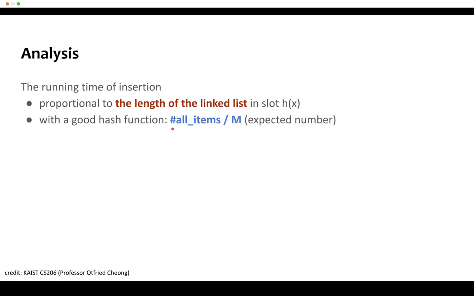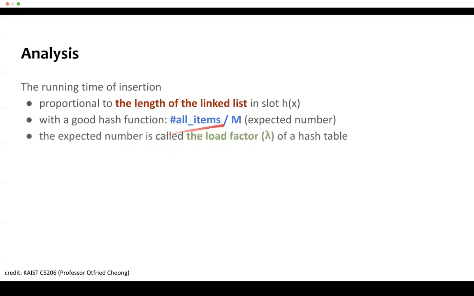So it is going to be the number of all items divided by m, which is the size of the hash table. The number of all items can be n. This expected number is called the load factor of a hash table. Thus, the expected running time is O(lambda).